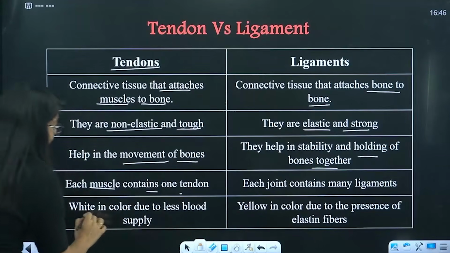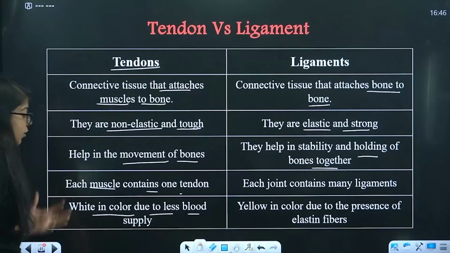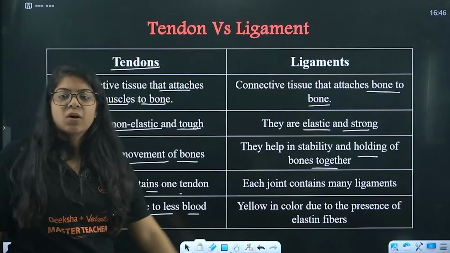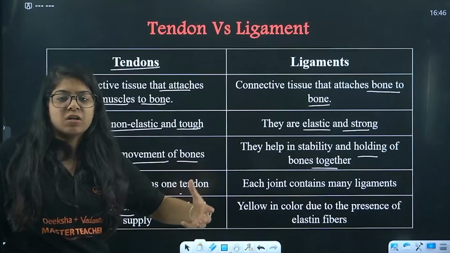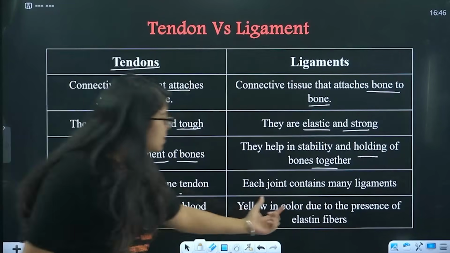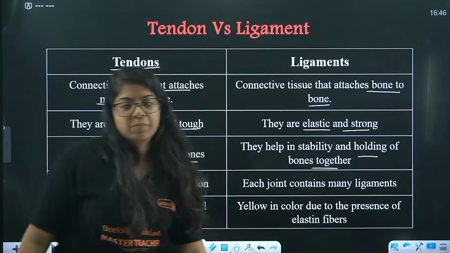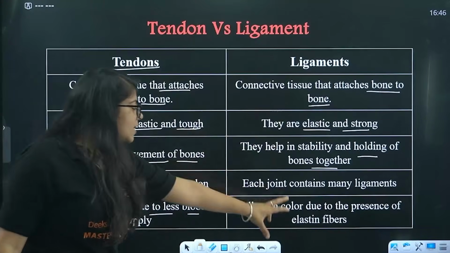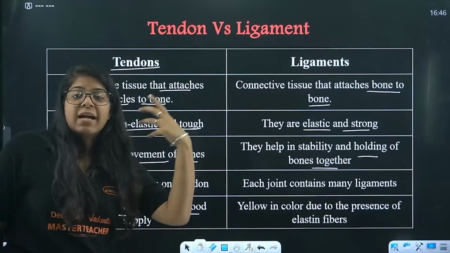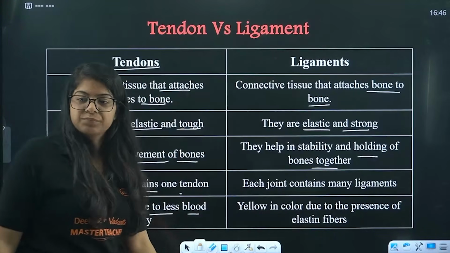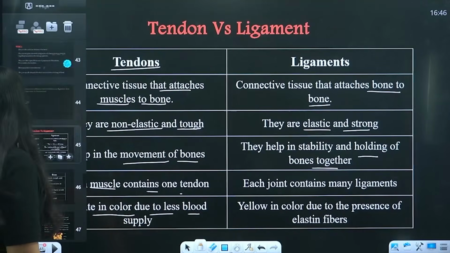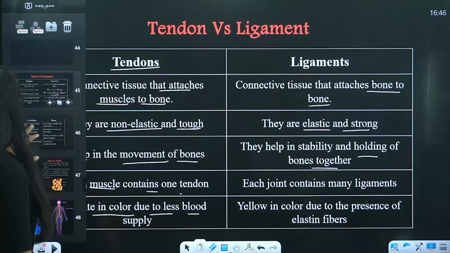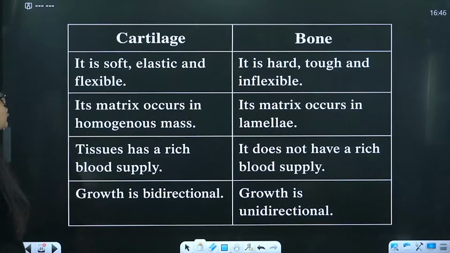Tendons are white in color due to less blood supply. However, ligaments are yellowish in color due to the presence of elastin fibers. Because they are elastic, there are some elastin fibers, and because of that they are a little bit yellow. Done?